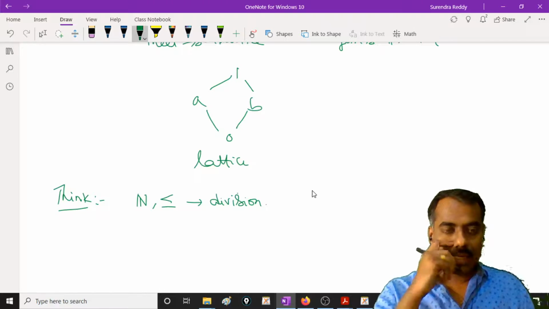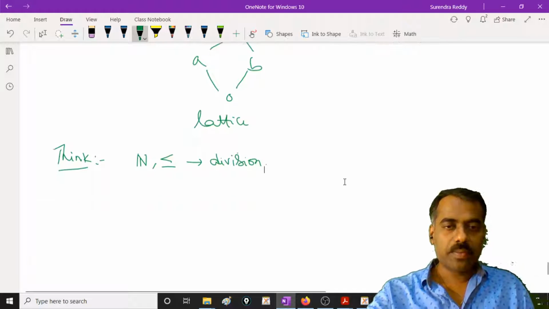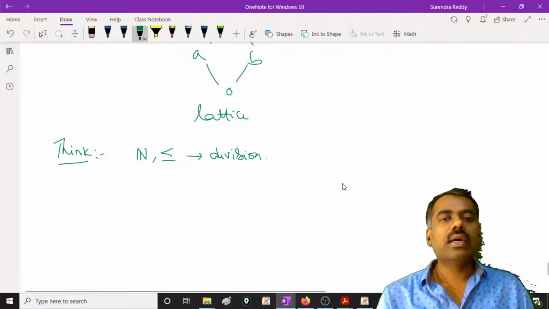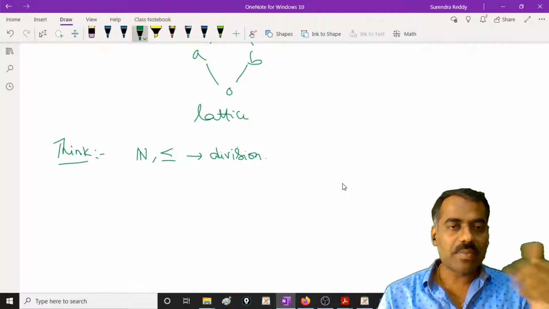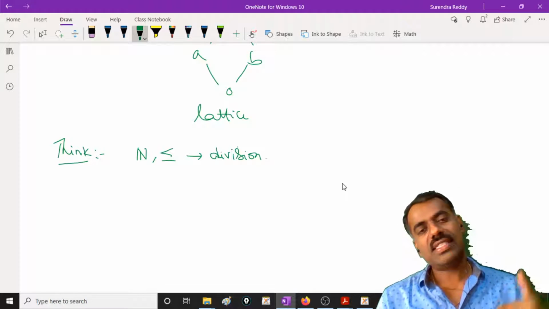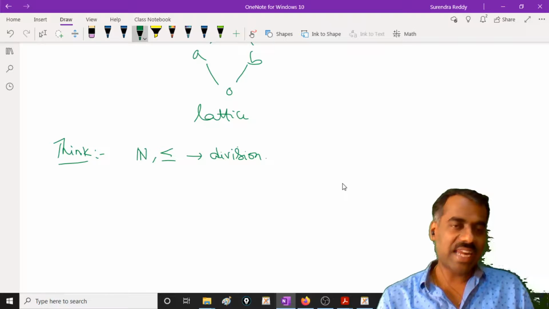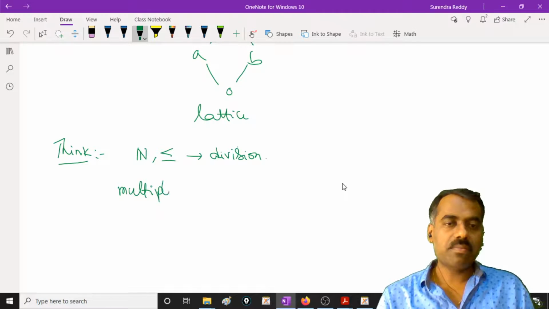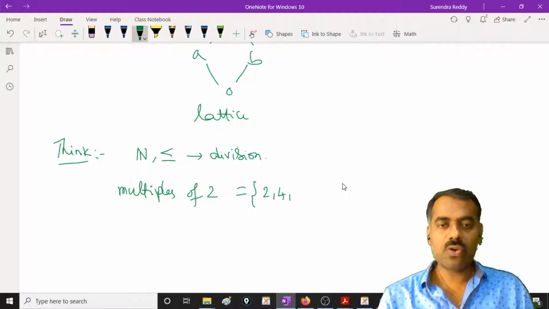Now here, can you think of something where you will get a semi-lattice? Suppose I take multiples of 2, that means what I have is 2, 4, 6, 8 and so on, right?